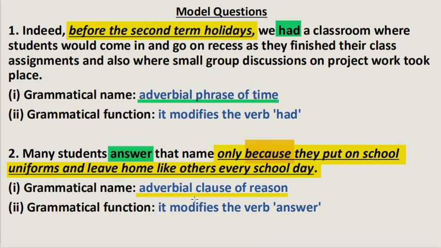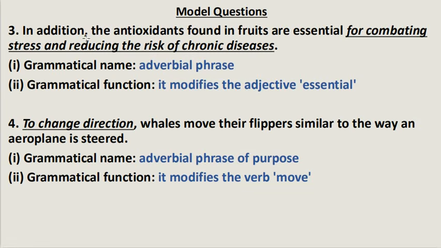Let's demonstrate this in question 3. In addition, the antioxidants found in fruits are essential for combating stress and reducing the risk of chronic disease. "For combating stress and reducing the risk of chronic diseases" is underlined. Looking at this particular group of words very well, it is an adverbial phrase. This is because it does not contain a finite verb.